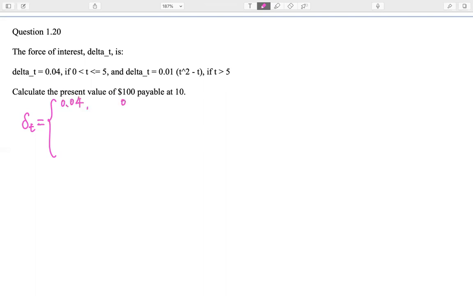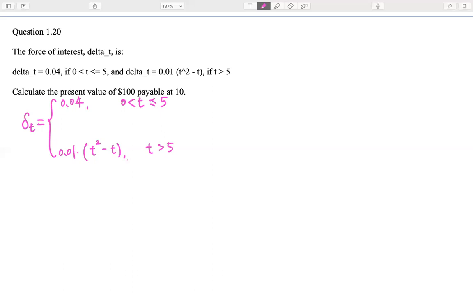So this is 0.04 if my t is between 0 and 5 years. Beyond 5 years, it is 0.01 times t squared minus t, and t is greater than 5. If you are interested, you can check what the value is when t equals 5 from the second piece.